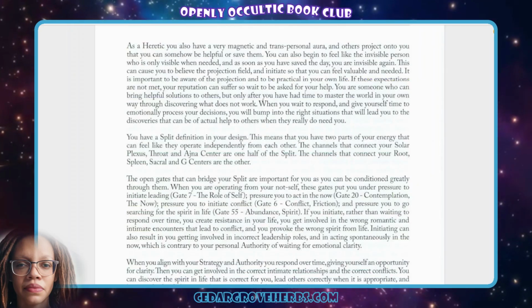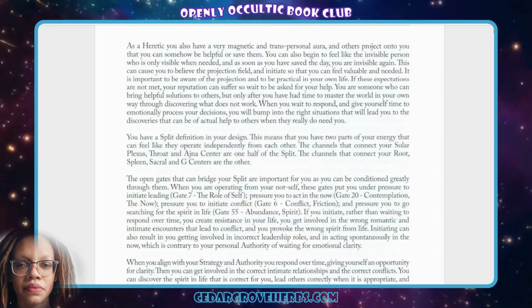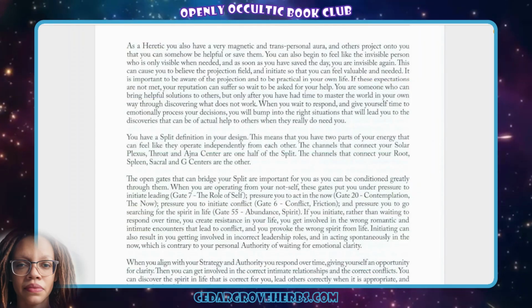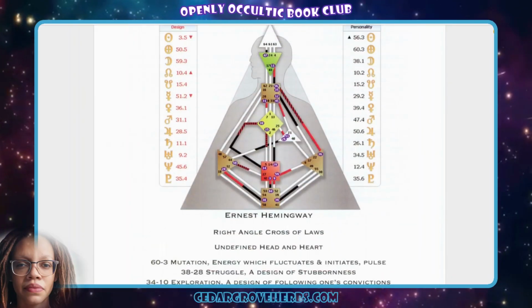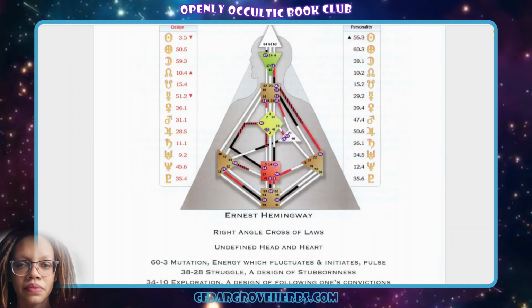So let's scroll up. Let's go back to the chart. We're saying that these open gates can bridge the split. These open gates would be gate 7. Let's go to gate 7 and see what's being said here. We'll see where gate 7 is. Gate 7 is in the yellow one, the G center.